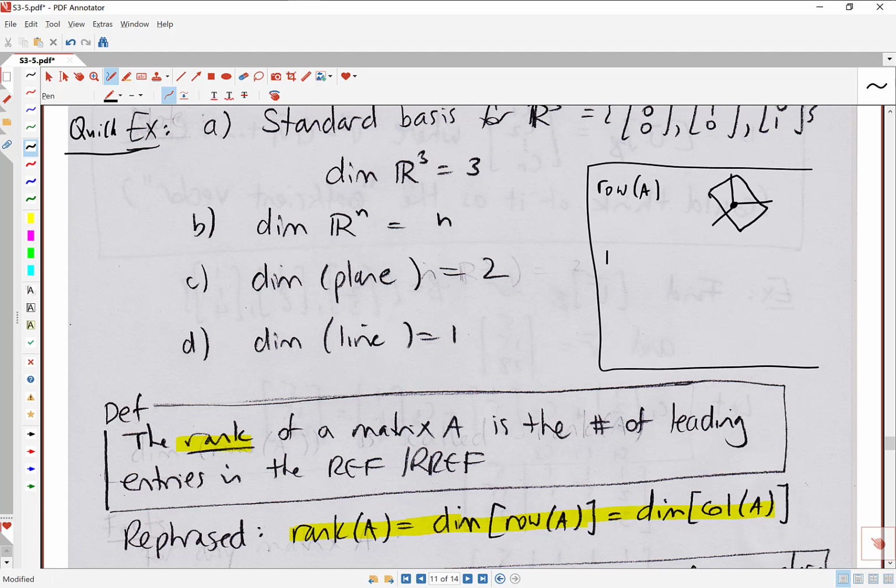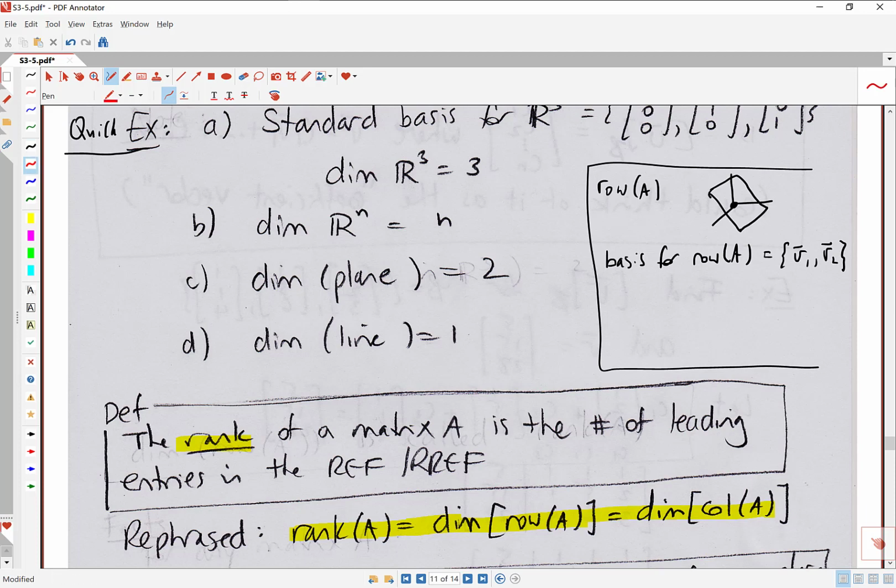Now we've talked about how to find a basis for the row space of A. You use the non-zero rows of the REF or RREF. So let's say in a typical example, that might involve 2 vectors. Okay, sometimes it's 3 vectors, sometimes it's 1 vector, but let's just say for this example, it's 2 vectors. And we could draw those in the picture.